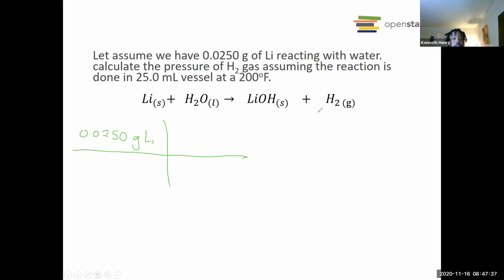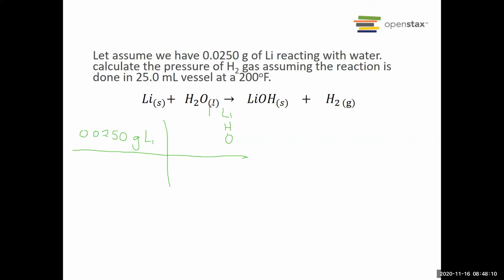First off, is my equation balanced? No, it isn't. So what do I need to do to balance it? How many lithiums do I have on my reactant side?